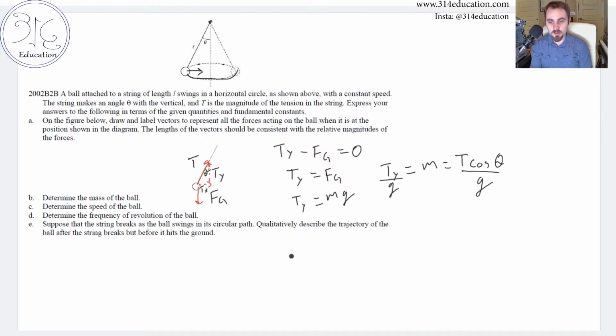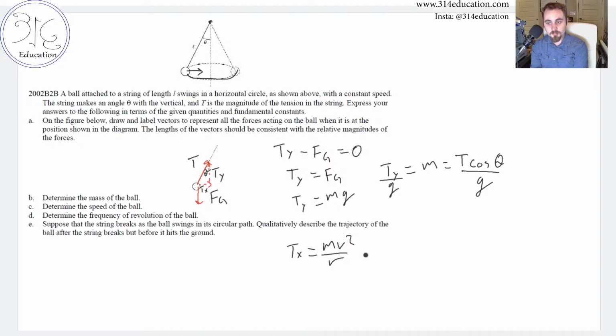And so to do that, we will say that the x component of our tension is equal to mv squared over r. We want to get v on its own, but we also don't know r, so we'll still get v on its own, but we'll have to substitute some stuff as we go.